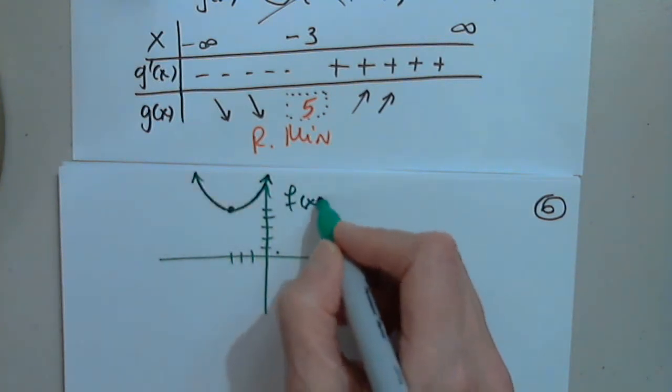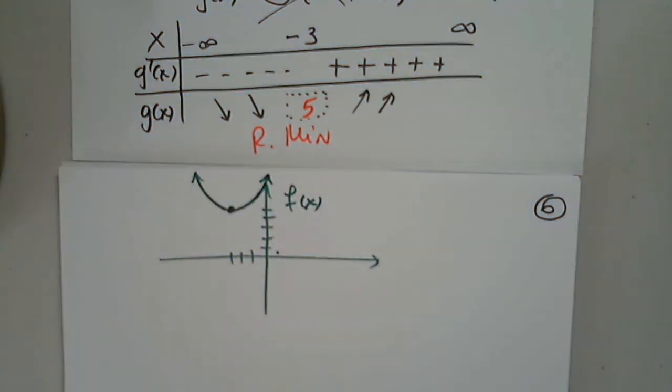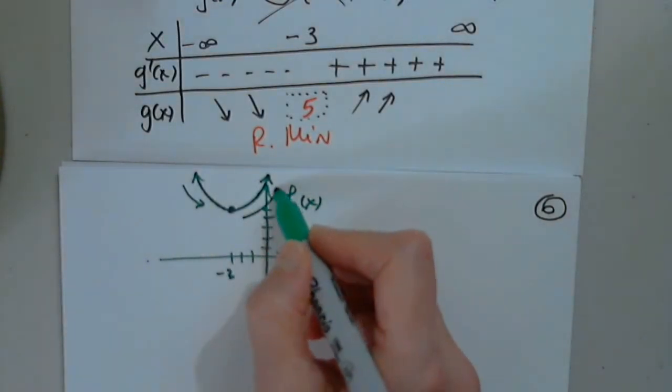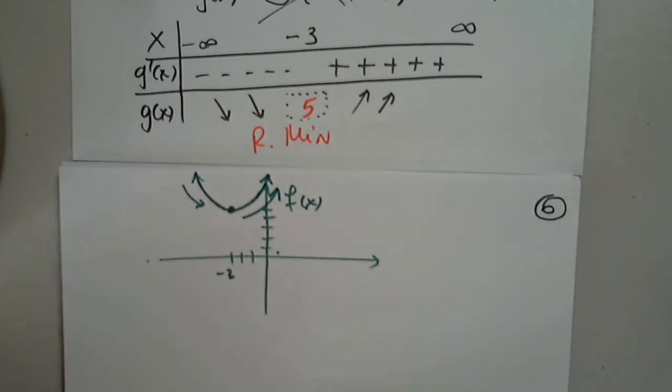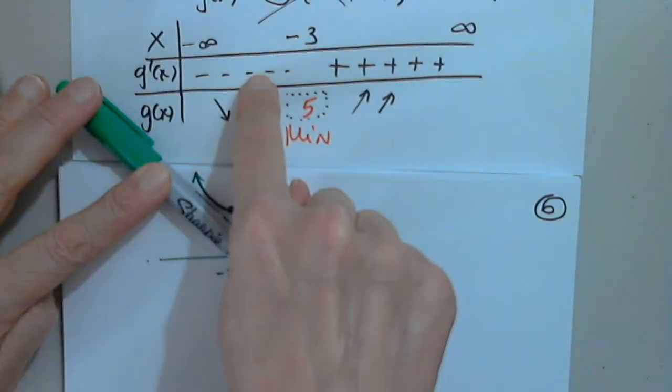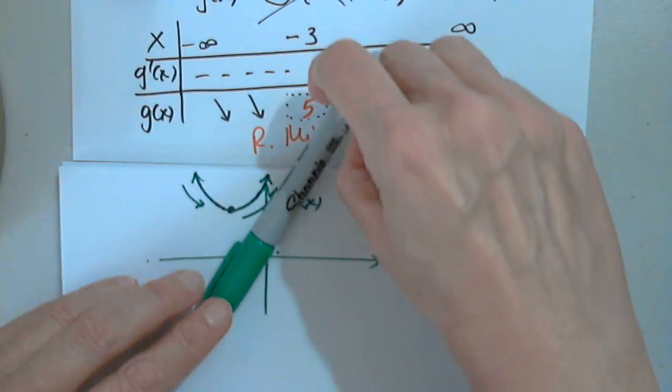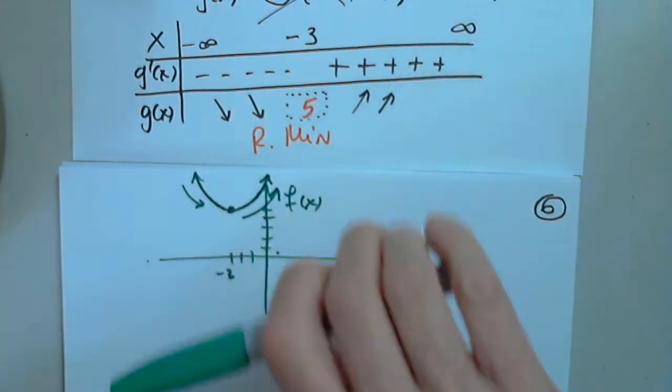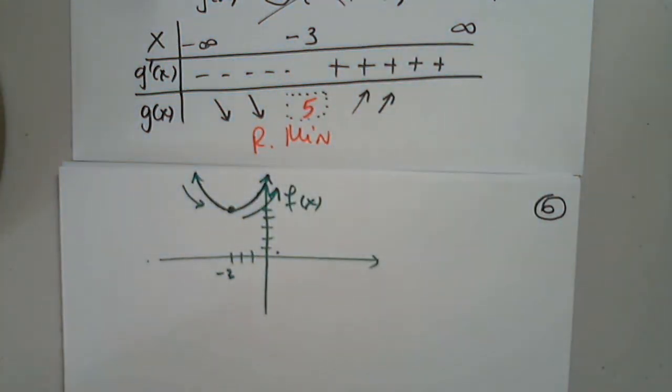This is my example of a function that is decreasing between -infinity and -3, and increasing between -3 and infinity. Obviously, the slope shows negative, and the slope shows positive. Okay, so let's look at one word problem to see how this is working.